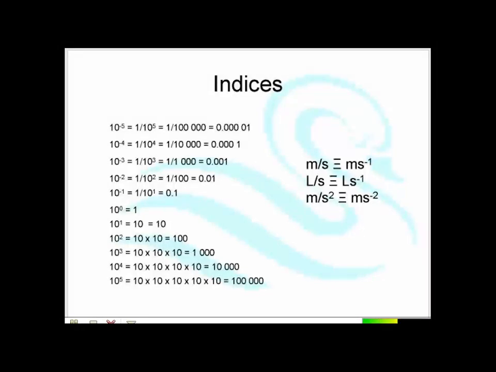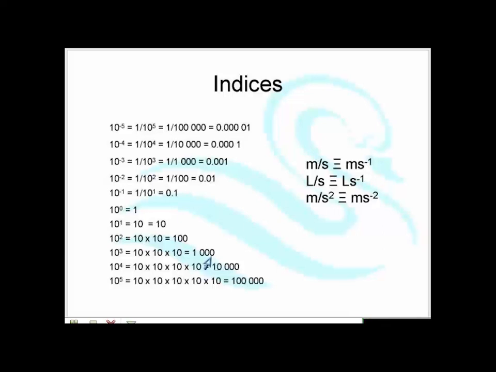There are things called indices, which in fact are powers. I'm sure you're all familiar with the idea that 10 squared equals 10 times 10, which equals 100. And 10 cubed is 10 times 10 times 10, which is 1000.